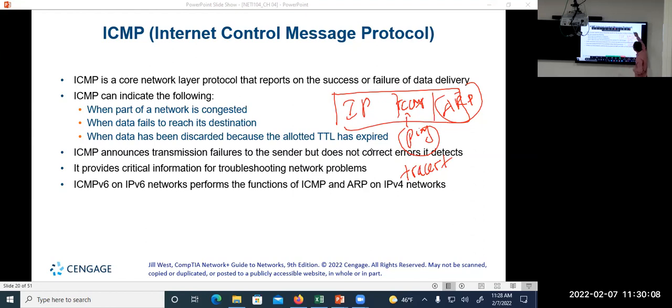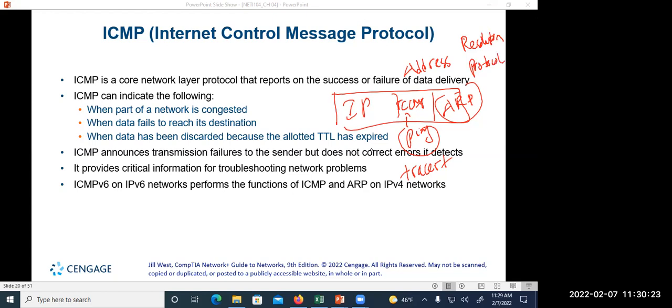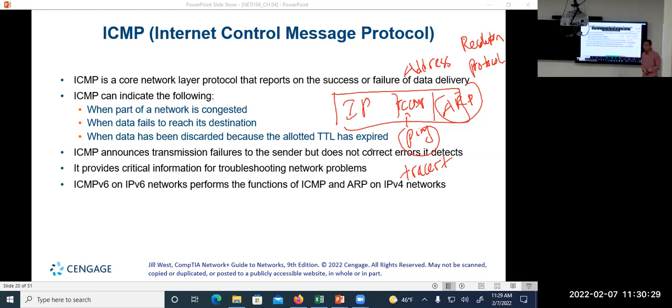ARP is Address Resolution Protocol. Isn't it for when you need to convert IP addresses between Ethernet cables? When you want to find out what the MAC address is.